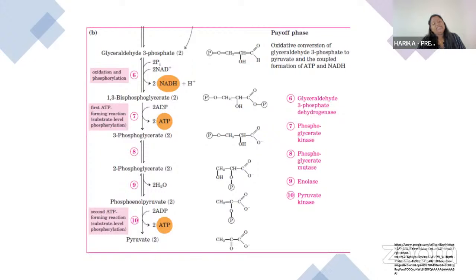Here ADP is converting into ATP, and you get 2 molecules of ATP here. 3-phosphoglycerate is converted to 2-phosphoglycerate in presence of phosphoglycerate mutase. And 2-phosphoglycerate converts to phosphoenolpyruvate in presence of enolase, and here a water molecule gets released.